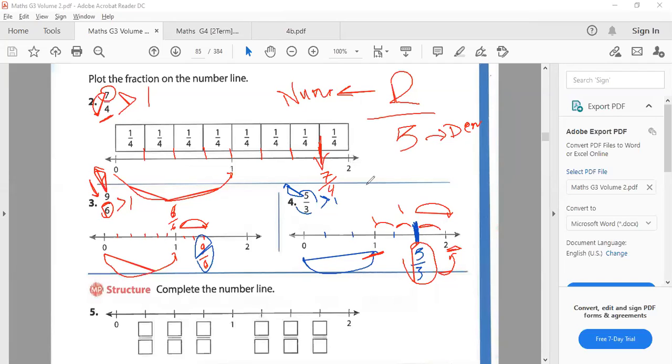If the fraction has a smaller numerator, it will be less than 1. So we are talking about the numerator. Numerator greater, the fraction is greater than 1. Numerator smaller, it is smaller than 1. This is the only question I need you to know.